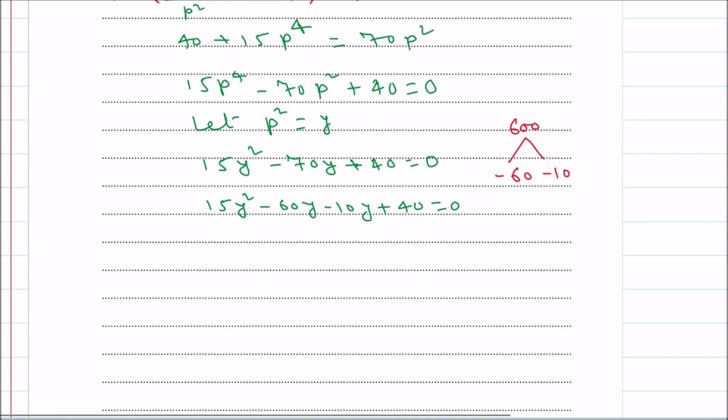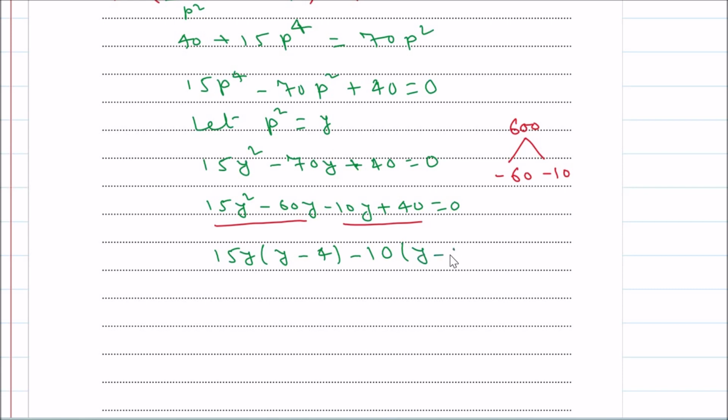Now group the first two terms and the last two terms, and we will factorize. What is common in the first two terms? We have 15y as the common factor. So 15y into y minus 4, minus, now 10 is the common factor here, so y minus 4.